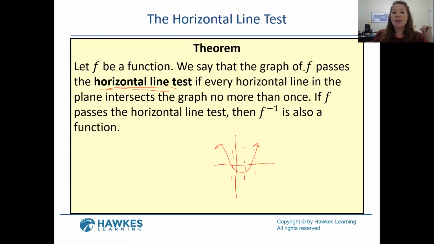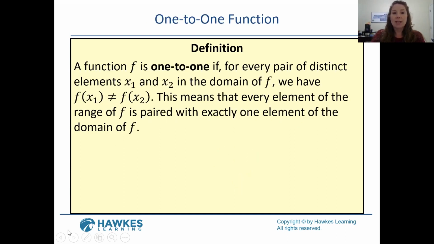We say that the graph of f passes the horizontal line test if every horizontal line in the plane intersects the graph in no more than one place. If f passes the horizontal line test, then the inverse of f is also a function. So basically, any set of ordered pairs is considered a relation, but it takes a special circumstance to figure out if an inverse is an actual function, okay?